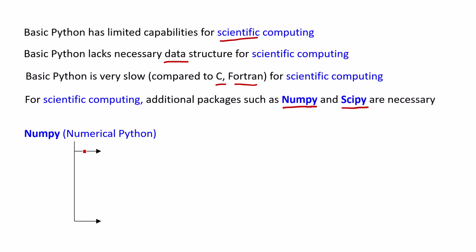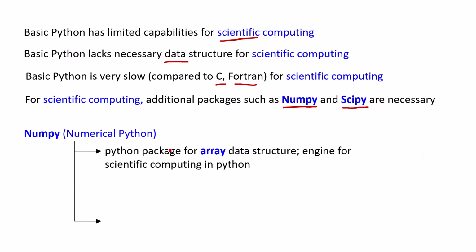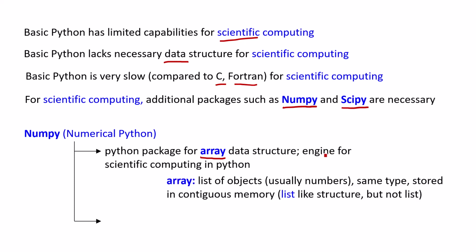Numerical Python gives us two things. First one is it gives us this array data structure. This is the data structure that is the engine for scientific computing in Python as well as in any other language. What is array? Array is list of objects, and because it is list of objects, it is like list as we have seen before.